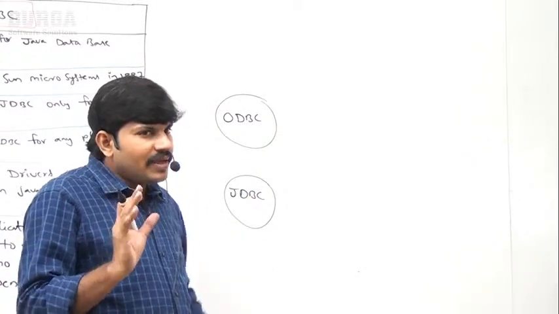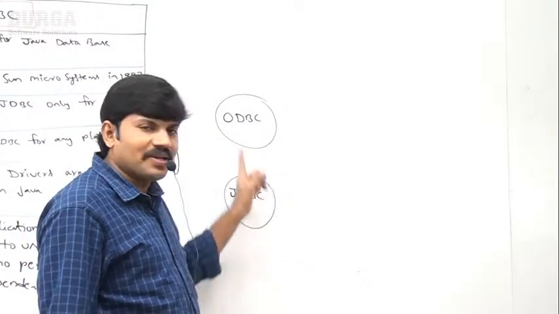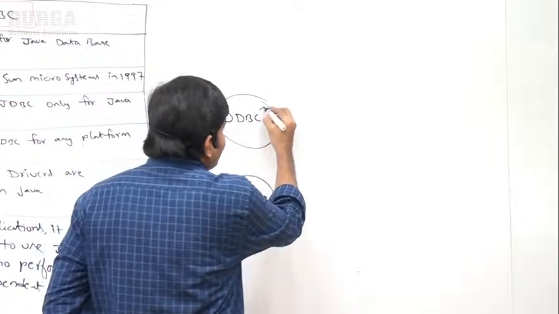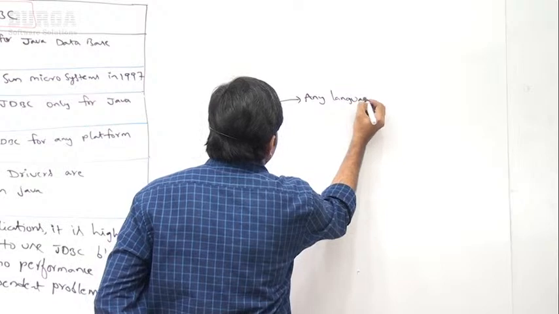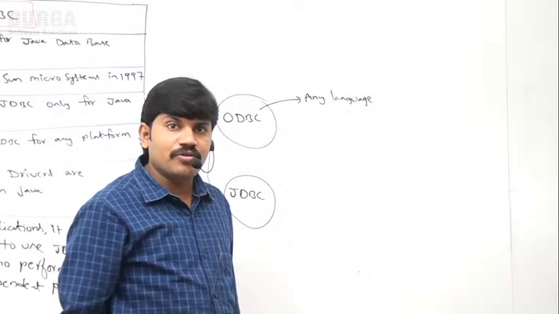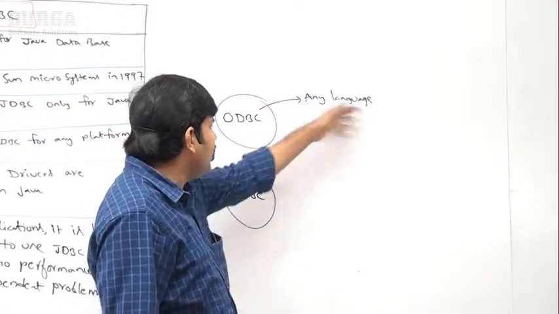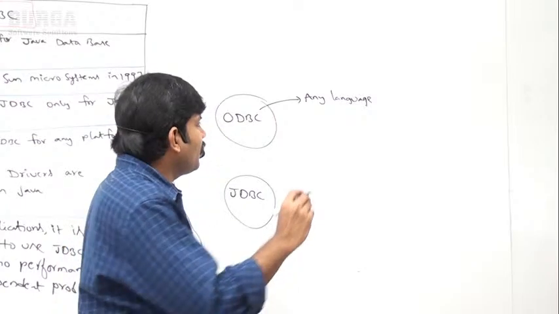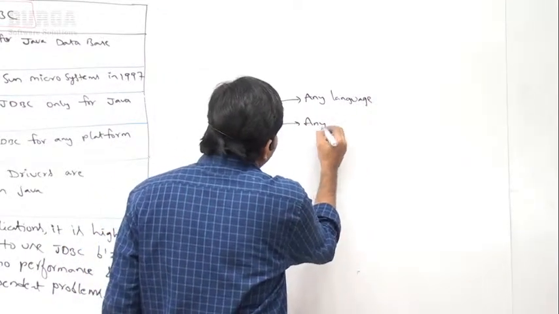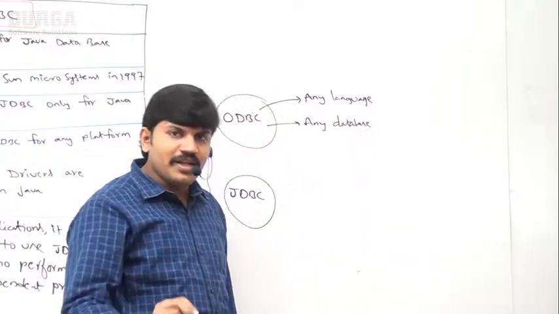If you observe their business strategies, just have a look once. The ODBC concept we can apply for any language, no restrictions, right? You can apply the ODBC concept for C, C++, Java or VB, for any language. We can apply ODBC for any database.